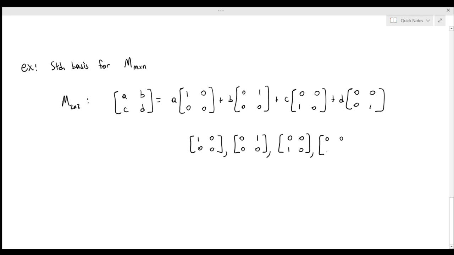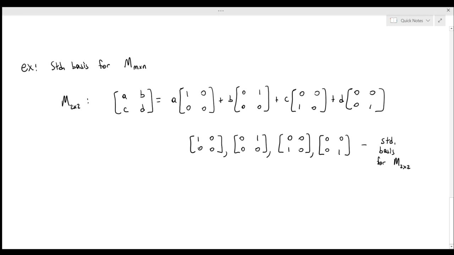So they're also linearly independent. So this would be a basis for M 2 by 2, and this is what we call the standard basis for the space of 2 by 2 matrices.